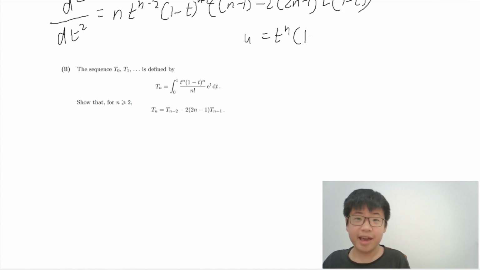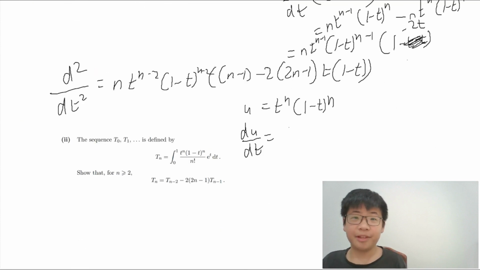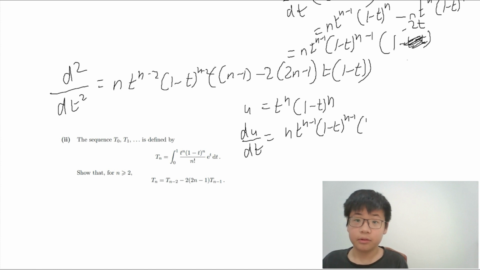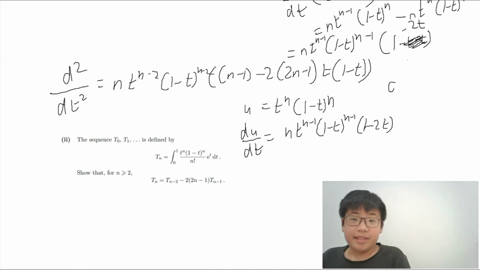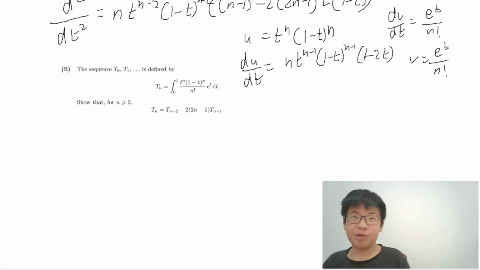So u is tn, 1 minus tn, and then du over dt equals, let us check our results. Let's use the simplified form. And then this means that we now have to find dv over dt equals e^t over n factorial, and this is easily integrable, and it becomes e^t over n factorial. This is what happens when you integrate or differentiate exponential functions.